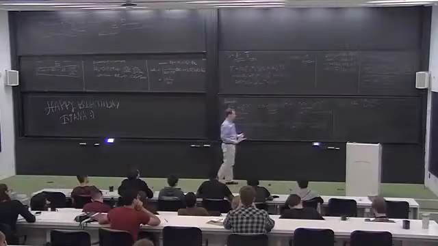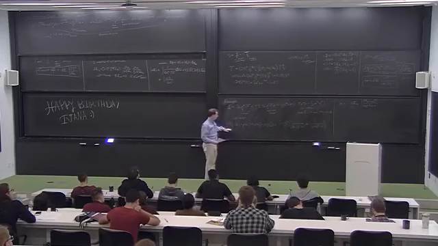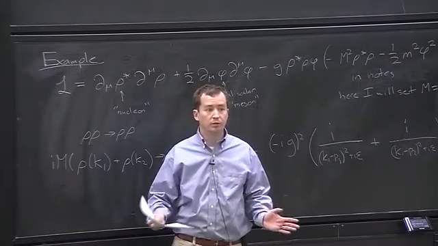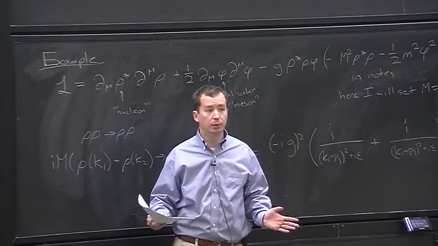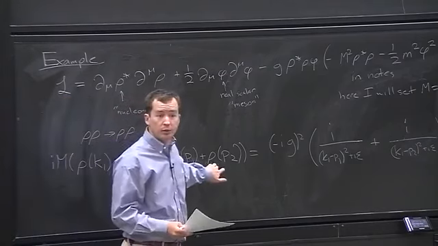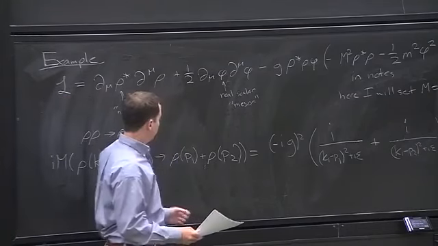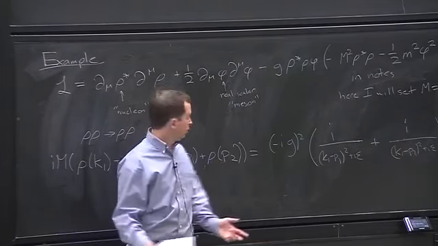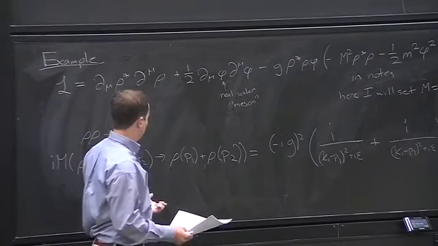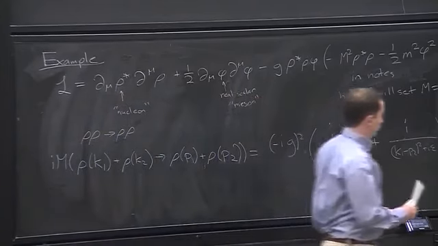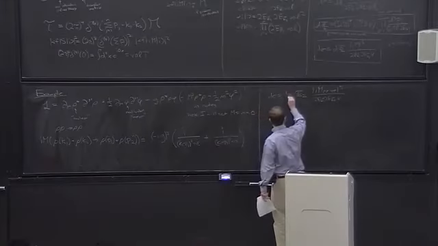If we're interested in getting the total cross section, we want to integrate over all possible inequivalent final momenta. The process we're interested in has two identical particles in the final state. So if we integrate over all possible values of p1 and p2, we'll be double counting, because the state with p1 and p2 exchanged is exactly the same state. They're identical particles. So if we don't want to overcount, we have to divide by 2.